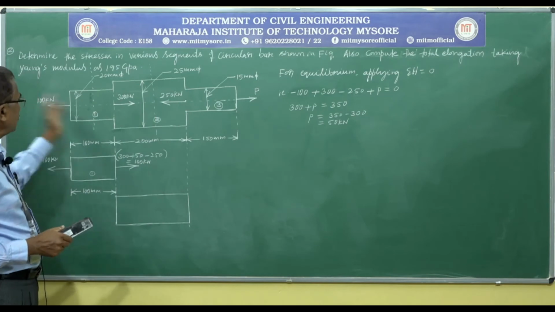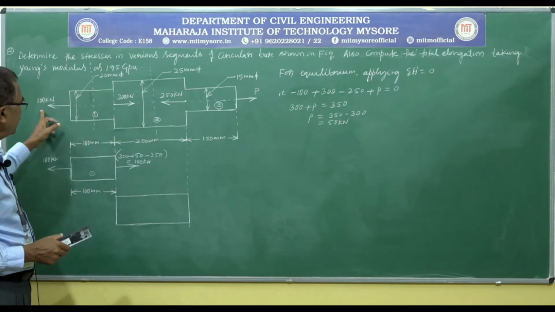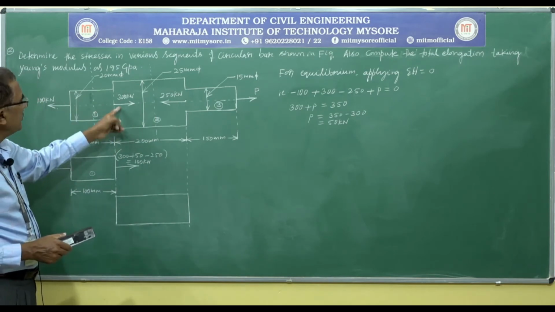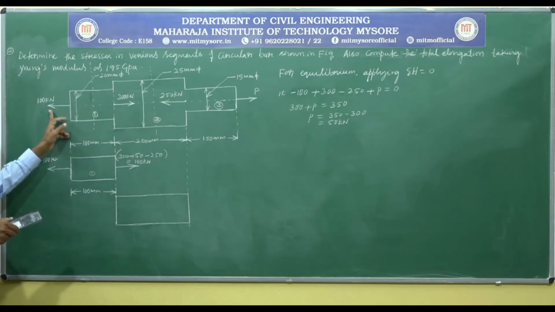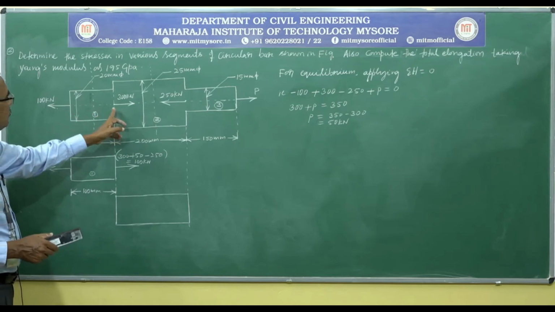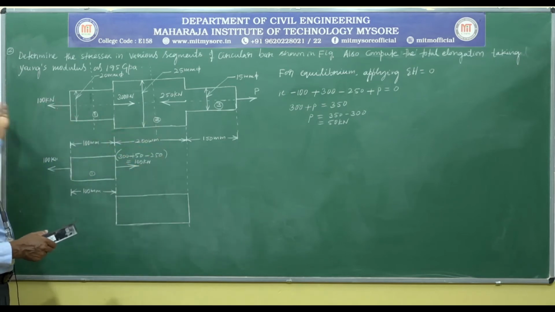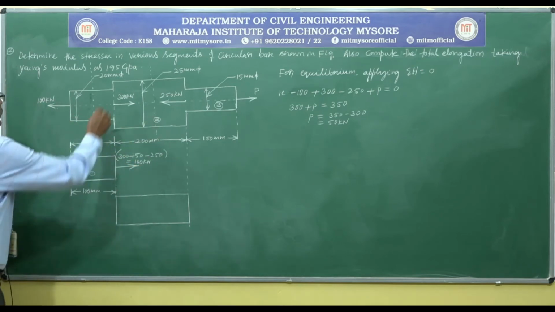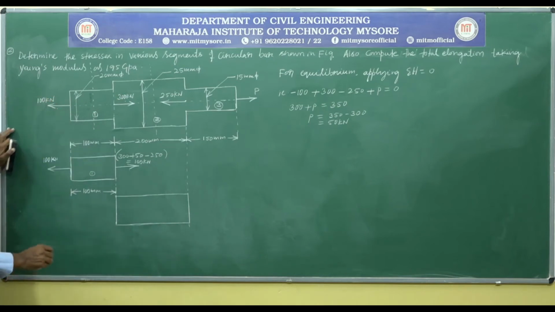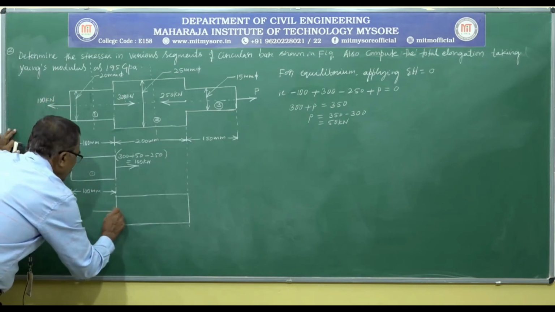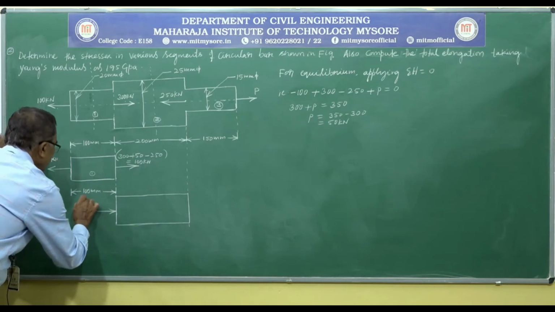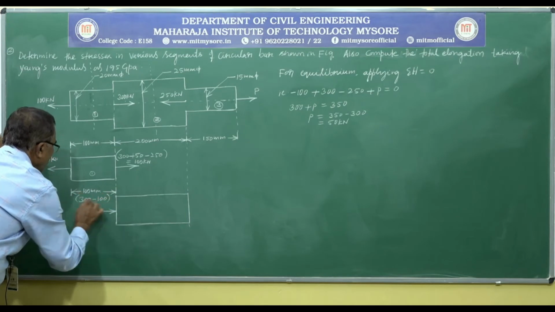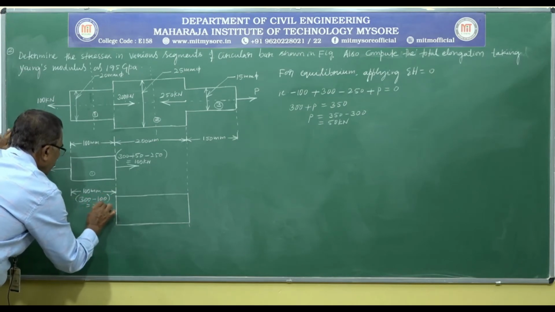To the left-hand side there are two forces, 300 kilonewton and 100 kilonewton. We consider the higher magnitude force as positive and the lower magnitude as negative. If we consider rightward as positive, automatically the leftward will be negative. 300 minus 100 is equal to 200 kilonewton, the remainder load acting in the rightward direction.